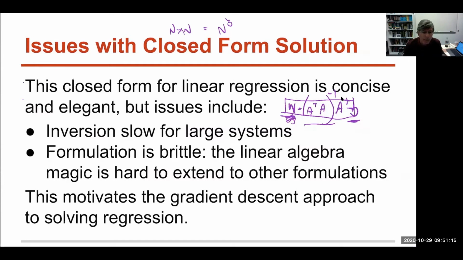There is another approach to solving linear regression problems that is kind of the foundation of most machine learning technologies these days. Things like deep learning are very much based on gradient descent search approaches.